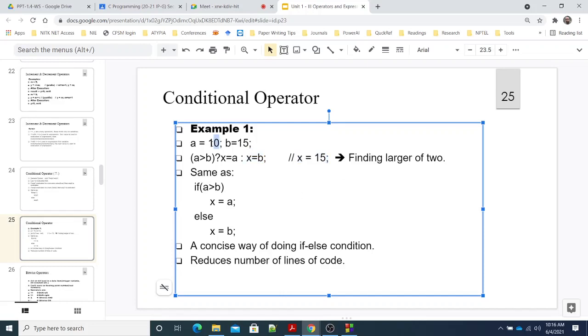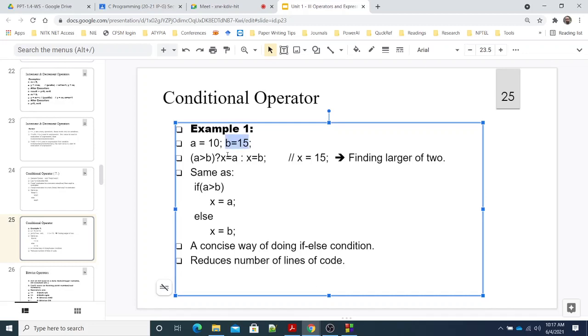Now if it was the other case, a greater than b, a is 20, b is 15, 20 greater than 15 is true. In that case, x is equal to a will be executed. That means 20 will be assigned to x. Now effectively what we are doing here, we are finding the larger of two distinct numbers.